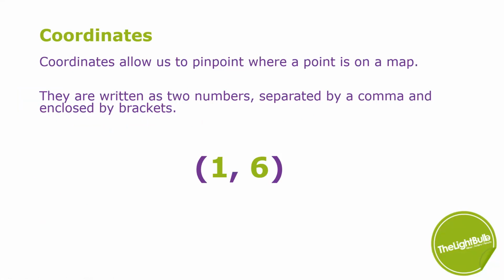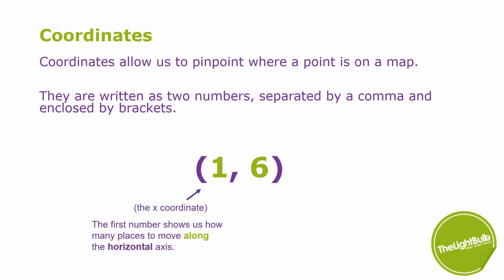So firstly, looking at basic coordinate referencing, they're written as two numbers, separated by a comma and enclosed with brackets. Like you see in the example on screen, we have 1 and 6, and this is essentially telling us how many places along we are going, first of all, and then how many places up we are going.